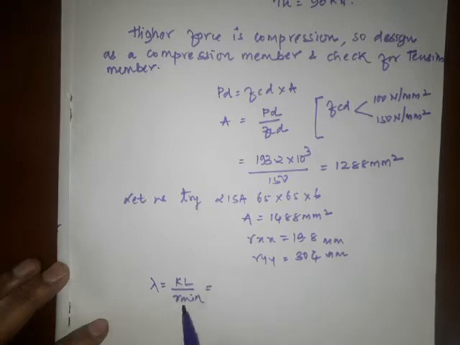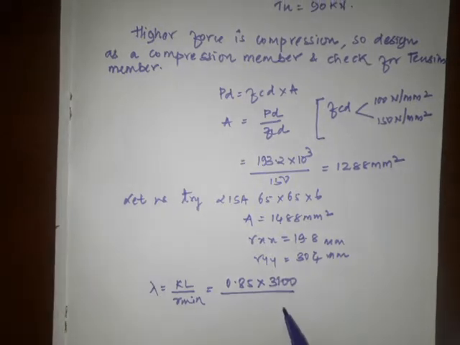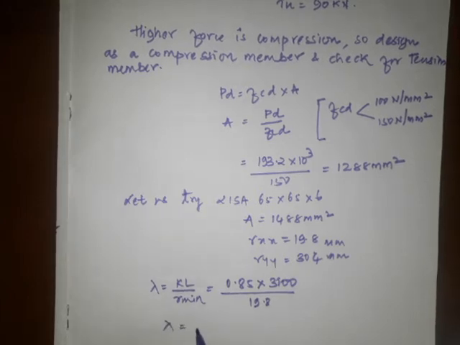So it is 0.85 into 3100. This already I told you in problem number 1, how to get the length of member, 3100. Divided by 19.8, we get the value of lambda as 133.08.